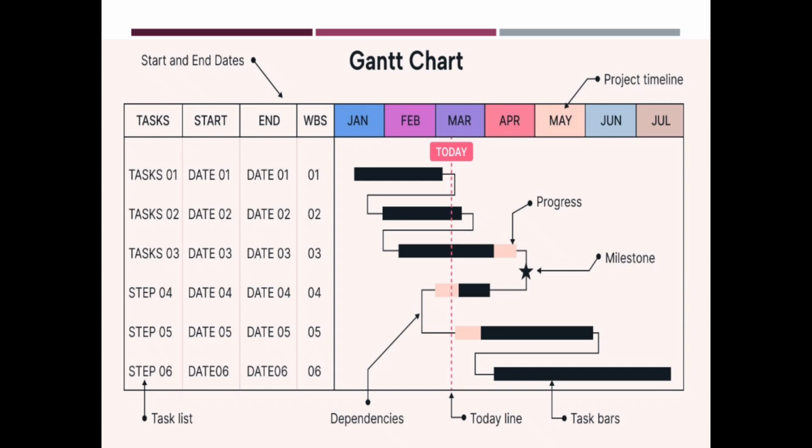That means whenever you are doing your task, you are expecting that once you reach this particular point, there is something that you are going to achieve, and that is your milestone. Then you can see that these bars are connected with lines, right? These lines are the dependencies. They are showing the relationship that exists between those particular tasks, right?